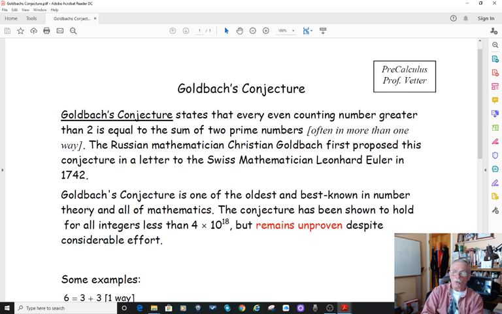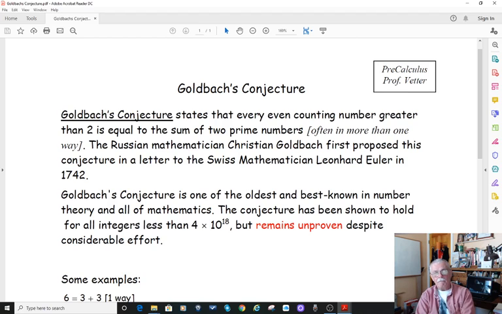He proposed it in a letter to Leonard Euler in 1742. Euler is one of the greatest mathematicians of all time. He's ranked up there with Isaac Newton, who developed calculus, given credit for that, and Gauss. So Leonard Euler is probably one of the top 2 or 3 mathematicians who ever lived.